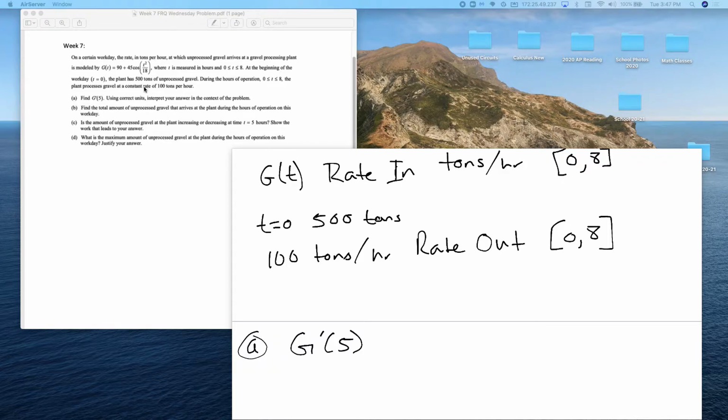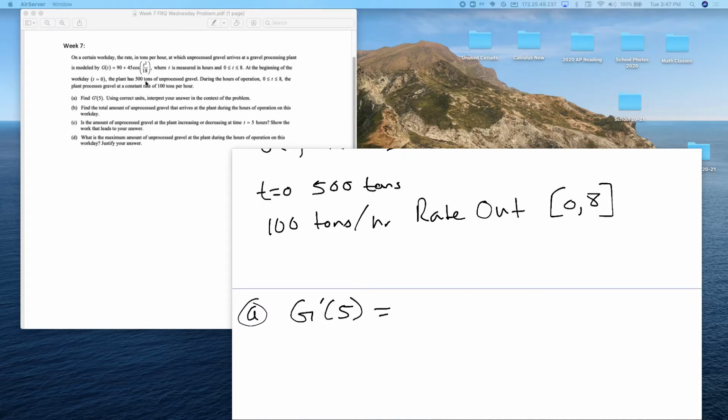So when you find this, you're going to do this on the calculator. You hit menu, and then you're going to go to calculus, and then number 1 is numerical derivative at a point.